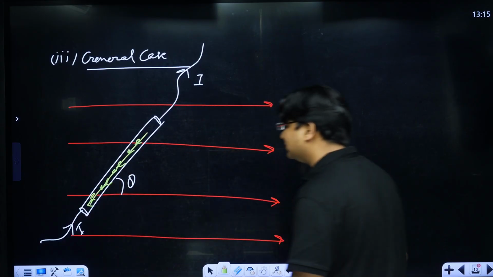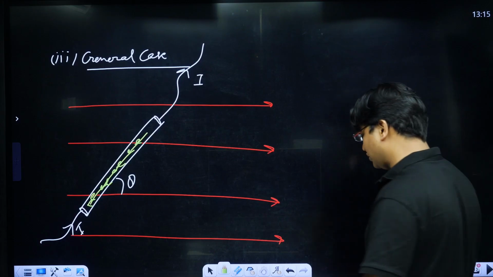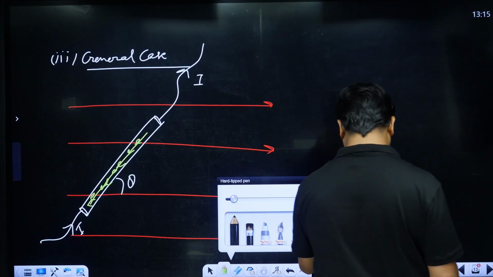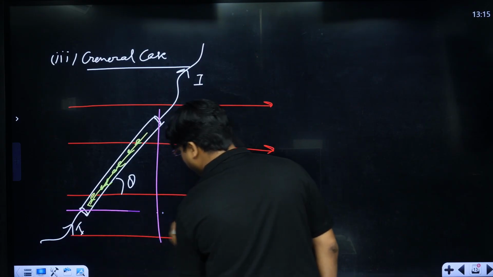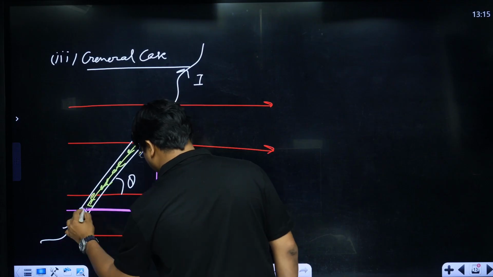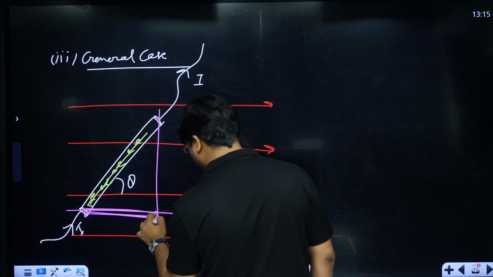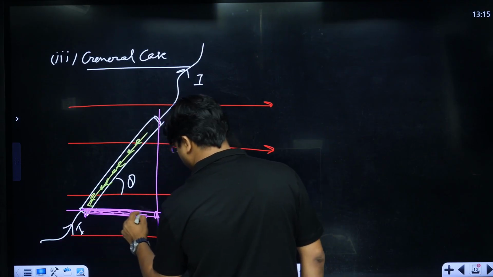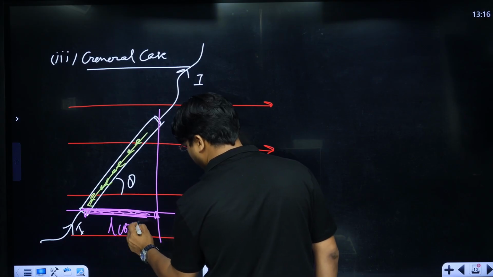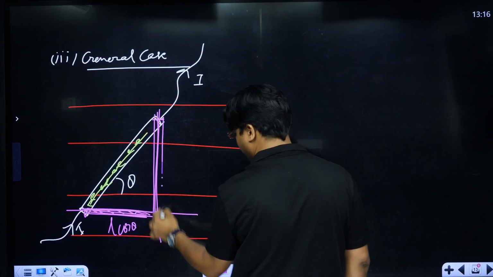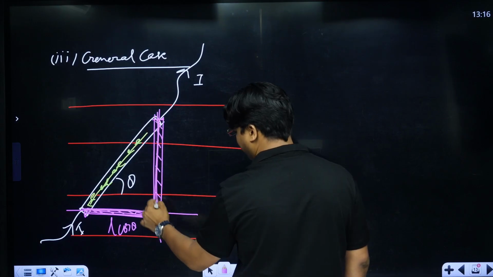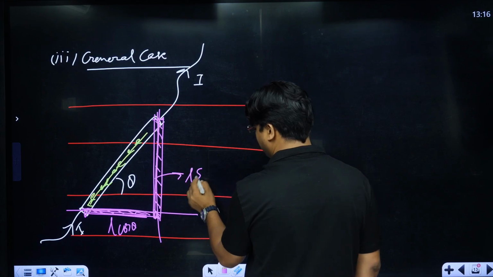In this case, to write the force on the rod, you can take components of the rod. One component of the rod is parallel to the magnetic field, so this would be L cos theta, and the other component is perpendicular to the magnetic field, so this would be L sine theta.